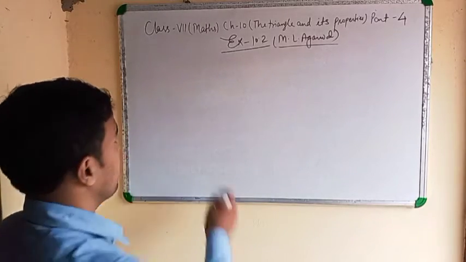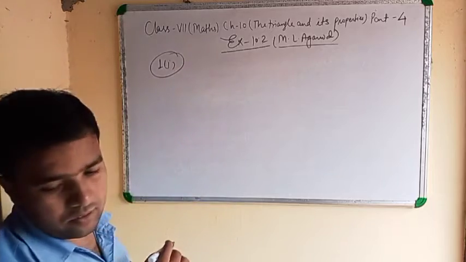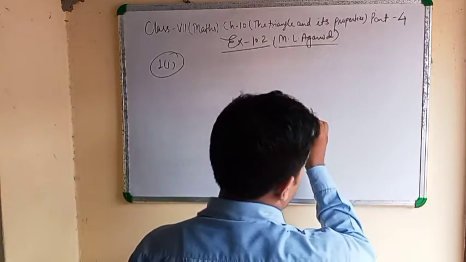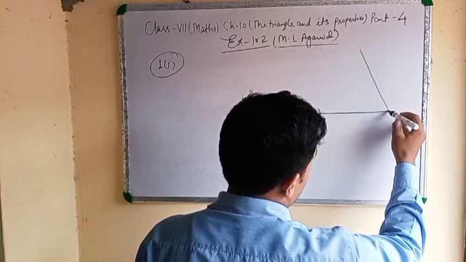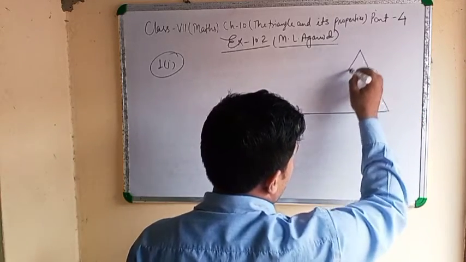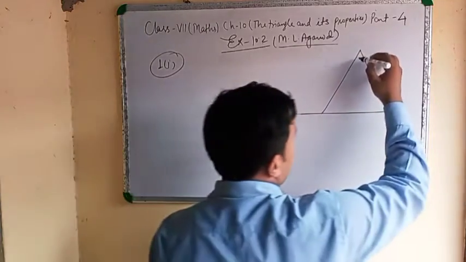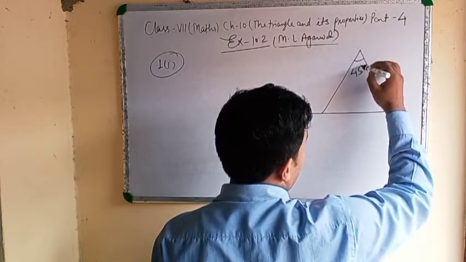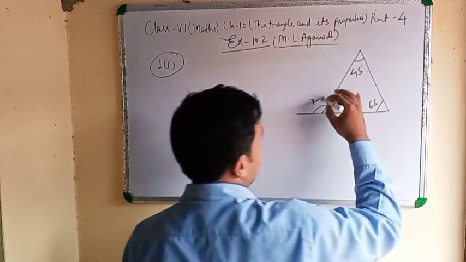Question number first. A triangle. It is a 45. It is a 65. Asking this.